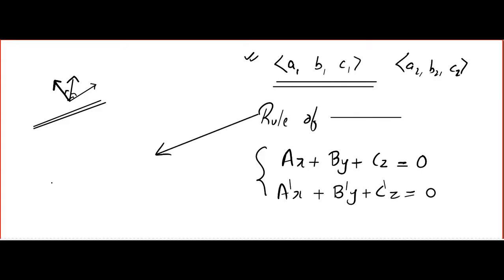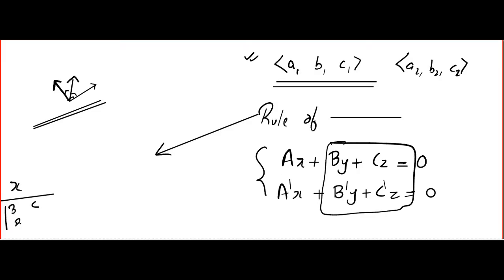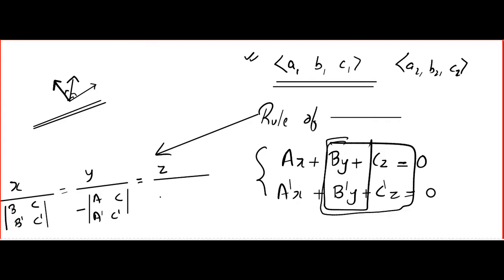Then rule of cross multiplication gives you x divided by, when you write x, I want you to focus on this part. So it's a small determinant bc, b dash, c dash, is equal to y divided by negative of, now I want you to close this part so that you get a, c, a dash, c dash, and finally is equal to z divided by determinant a, b, a dash, b dash.